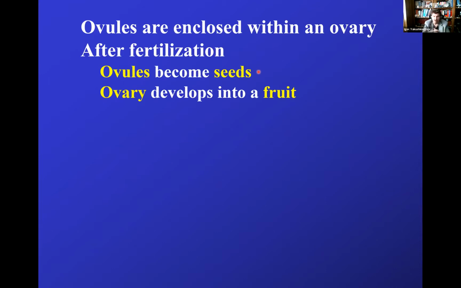Those ovules have been fertilized, so now we have several seeds within a single fruit. We'll talk about the types of fruit next time. I'll confuse you. We have simple fruits, compound fruits, and aggregate fruits. We'll talk about that later on. Don't worry about that, at least right now.